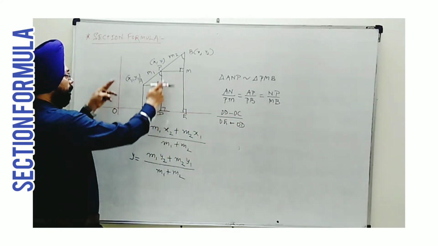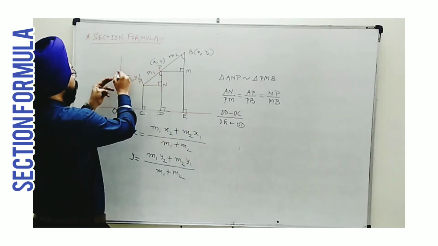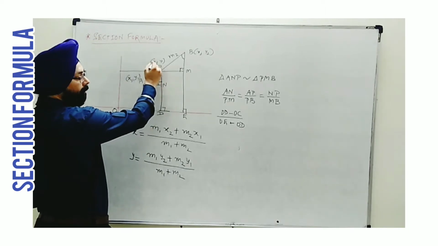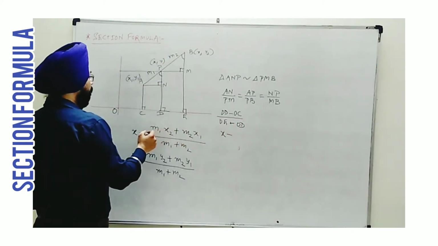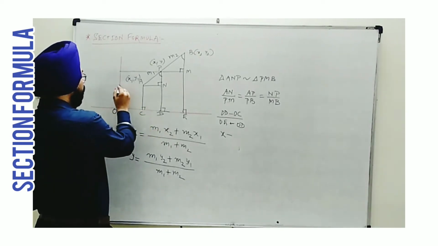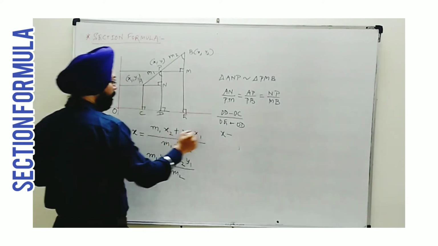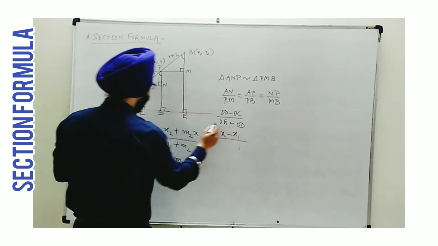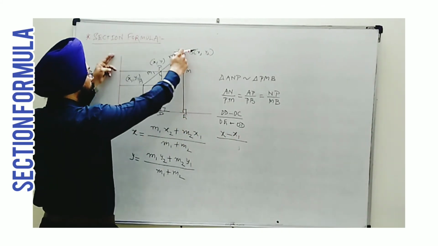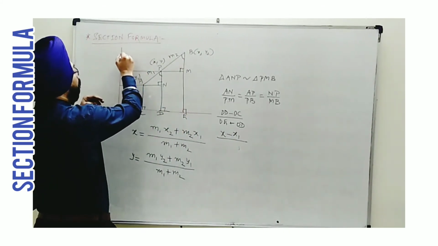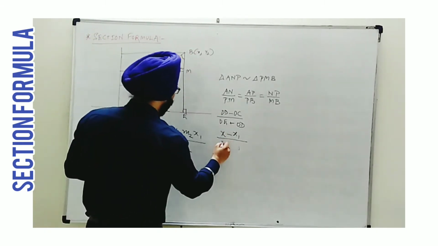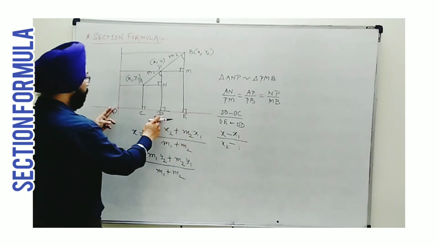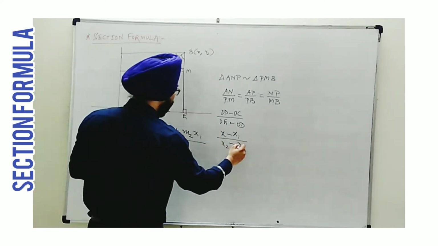OD, you can see its length will be equal to X, the abscissa of P. So we will write here X minus OC. OC is equal to the abscissa of A, X1, upon OE. OE is equal to the abscissa of B, which is X2, minus OD, once again equal to X.